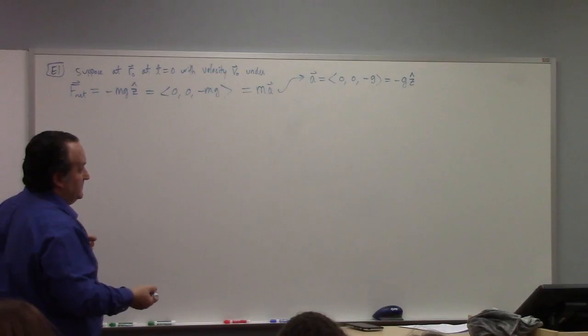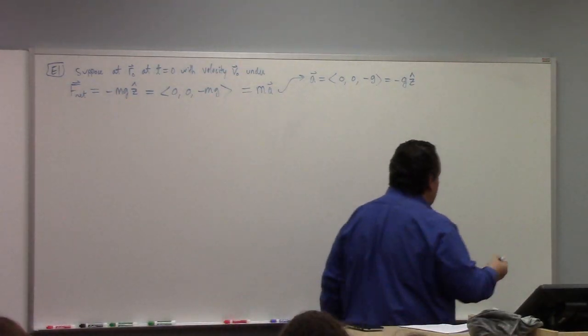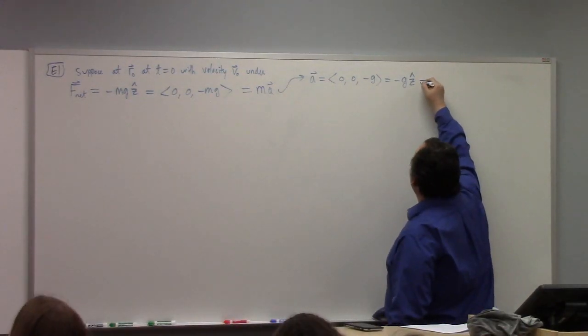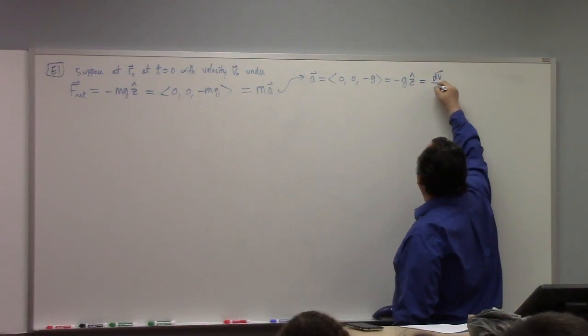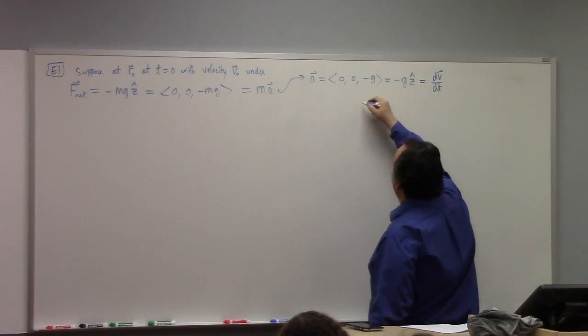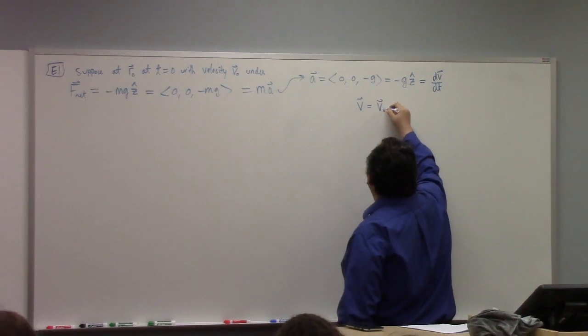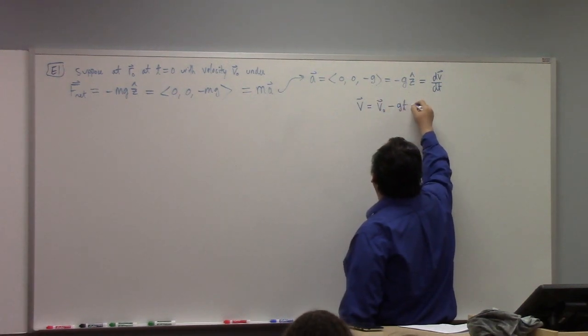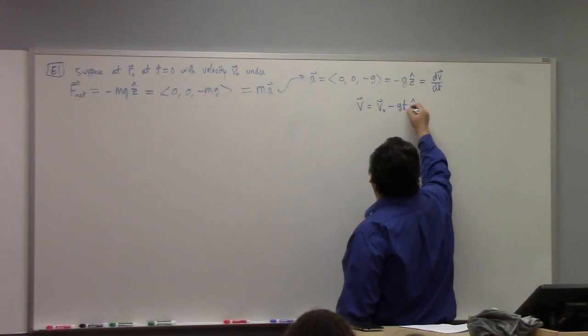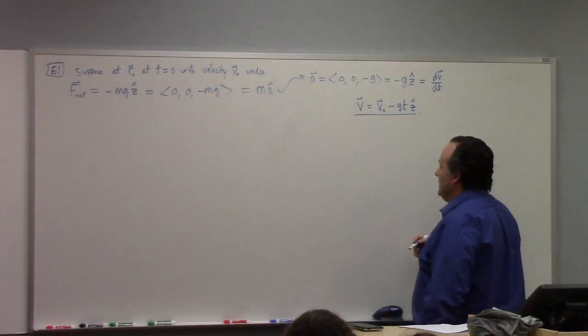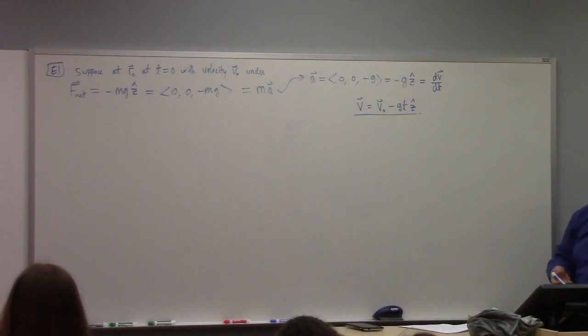If we integrate this, this is equal to dv dt. And so we integrate once, we get the velocity is equal to the initial velocity minus g t z hat. All right, so there you go. That's my formula for velocity. And what's the formula for position?